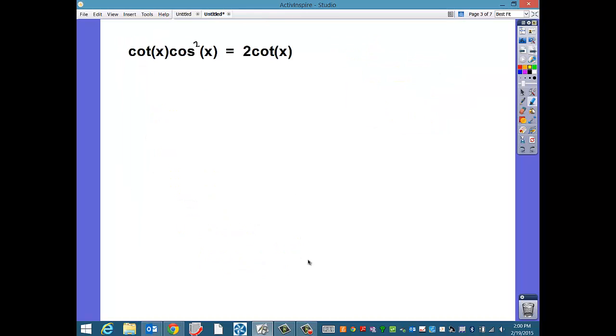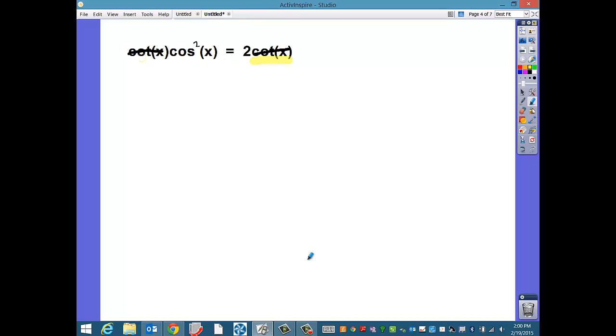Okay, so moving on to this one. Here, what some people did was basically to divide out cotangent on both sides, leaving them with cosine squared x equals 2. Well, that's fine as far as getting you some of the solution set, but it's not going to get you all of the solution set, because anytime you divide out, this right here is an unknown.